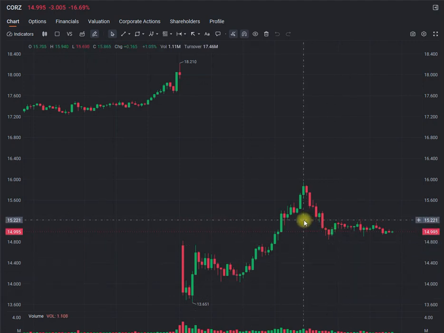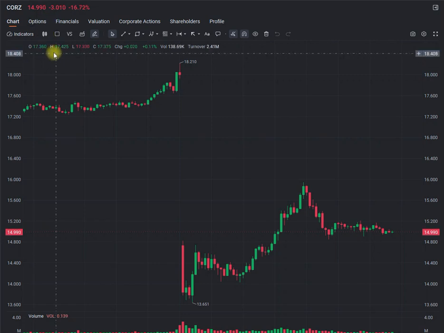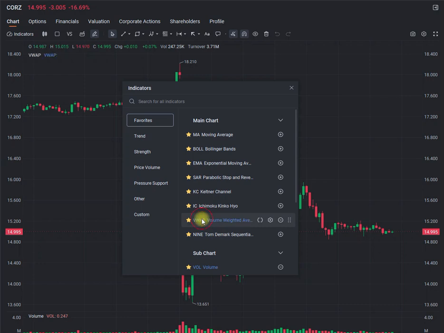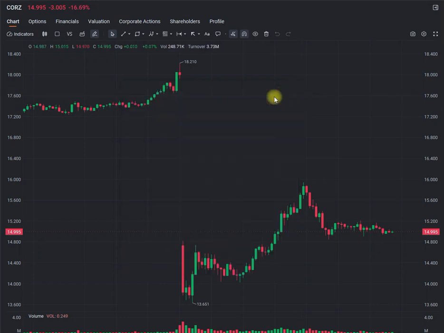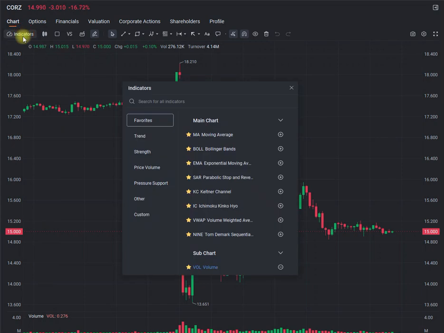And here I would like, and hope you agree with me, let's move in. Let's bring in the VWAP again. Why is the VWAP not turning in? Oh, here it is. Sorry.